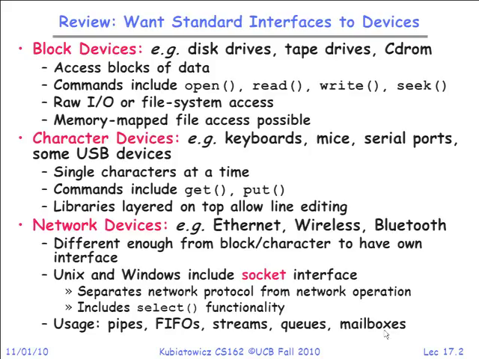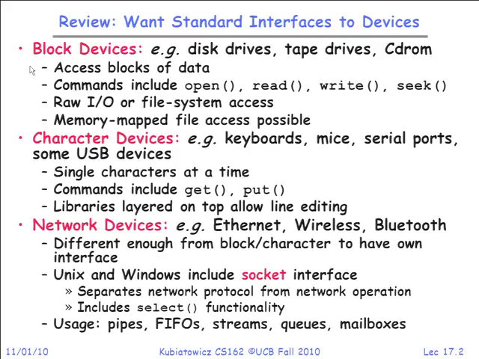Certainly the difference between block and character devices you could imagine being physical. Network devices are more of a historical difference, and the interface typically is different enough that it makes sense to keep them in a third category. But as you probably realize, a lot of what happens in operating systems is historical. So we're going to keep these three categories as they are.